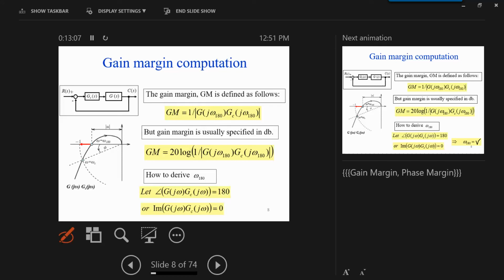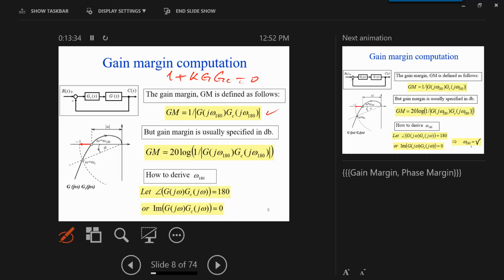So this is the gain margin. If we calculate the magnitude required to increase the gain to be at this value, you have to understand this formula. It is again 1 plus k G Gc equals 0, right?